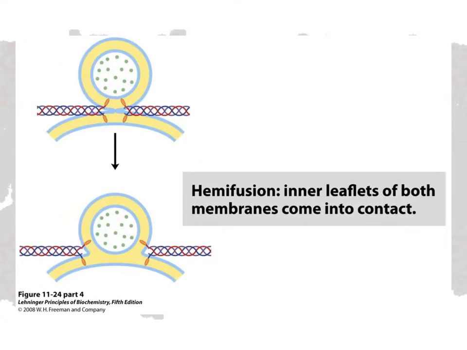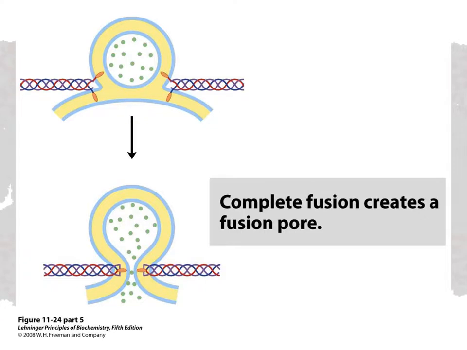Then after the hemifusion, the inner leaflets will be coming, and you get even more interactions between the two SNAREs as they kind of zip up like little zippers as you go along. And then you have the complete fusion. Now we're going to have a little pore, and the neurotransmitter gets dumped into the postsynaptic cell, or the cell that it's supposed to go to.